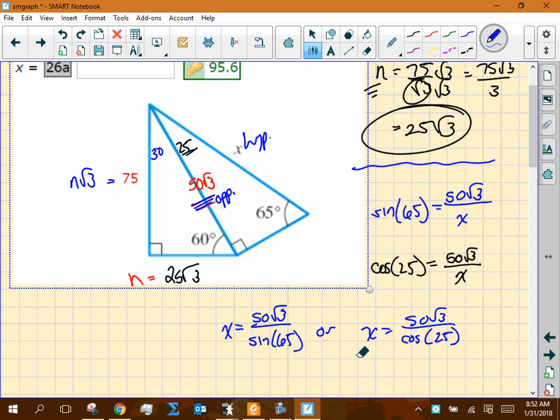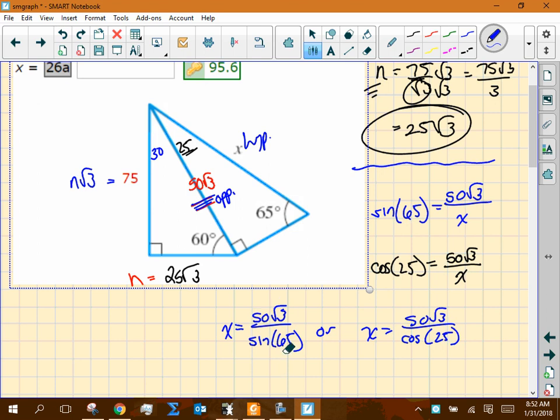Okay, those will evaluate to be the same thing. But if I'm using this to measure some type of structure that I'm building, I would not go to Lowe's and say, hey, I need 50 radical 3 over sine 65 feet worth of whatever, right? Does that make sense?